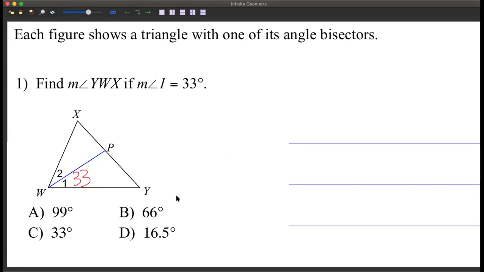They're asking for the whole angle, YWX. So that's the whole thing. If angle 1 is 33, the whole thing would have to be 66, right? Because if 1's 33, that means 2 is also 33. So then the whole angle is 66. Okay, try another one.